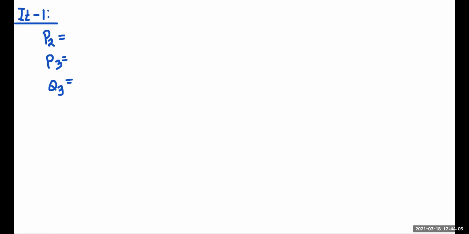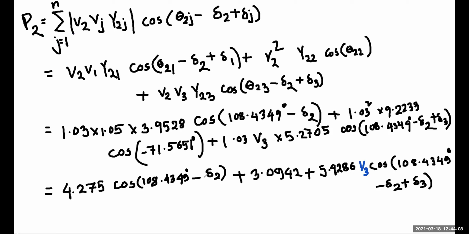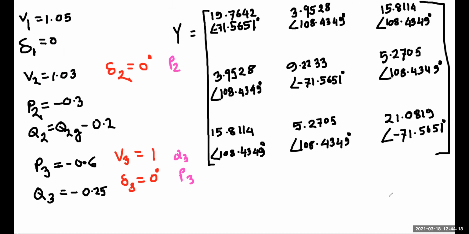So if you put values to these formulas, what is your P2? Put delta 2, that is 0. Then V2, V3, then delta 2, delta 3. If you put everything there, P2 is 4.275 cos(108.4349 minus delta 2), delta 2 is 0, then plus 3.0942 plus 5.4286 V3.